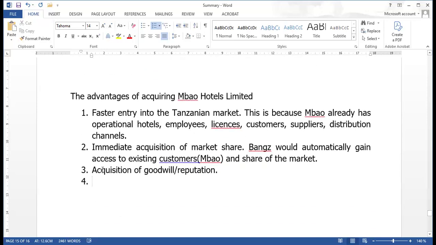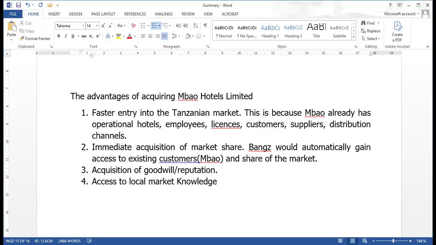Then next, you have access to local market knowledge, which at times you may not have when you start from scratch, because you have managers and employees of Mbayo on ground who really understand the Tanzanian customer preferences, the business customs, the tourism patterns, the employment practices, the government regulations.